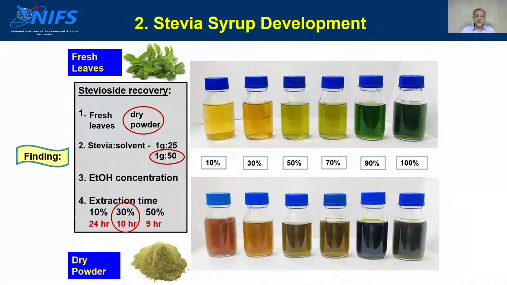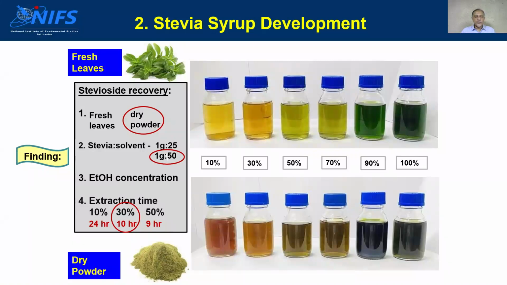After that, we are moving on to producing a syrup which can be used as a sweetener in place of fermentable sugars like sucrose. We have two different series of syrup development mixtures.